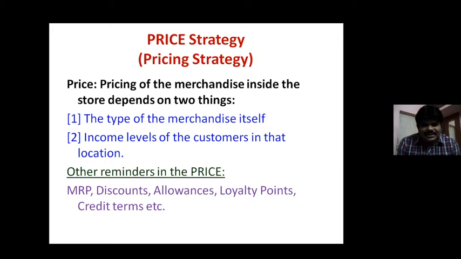And the pricing also depends on what are the income levels of the customers in that location. Say for example, if your outlet is located in a very official area or posh area, or the customers in that area are having very good income levels, then the type of merchandise you are going to procure is going to be a premium merchandise category or a high price merchandise category.